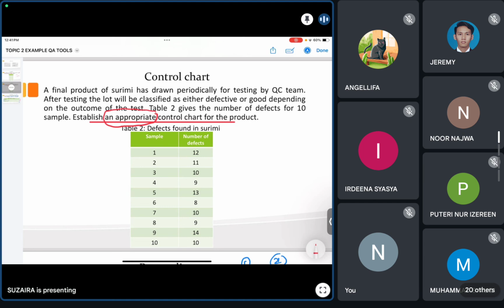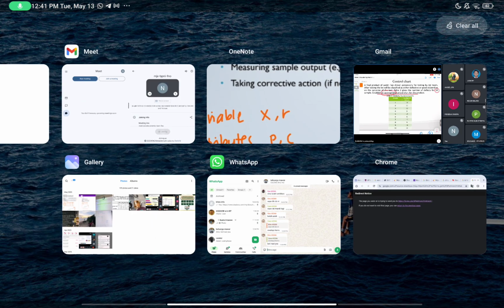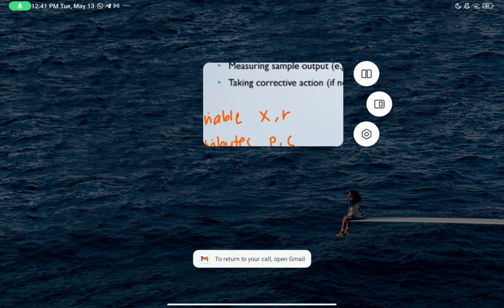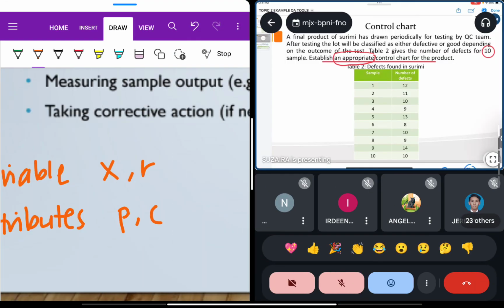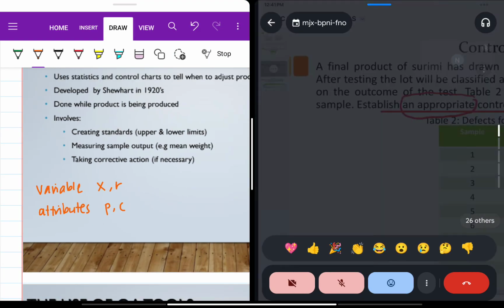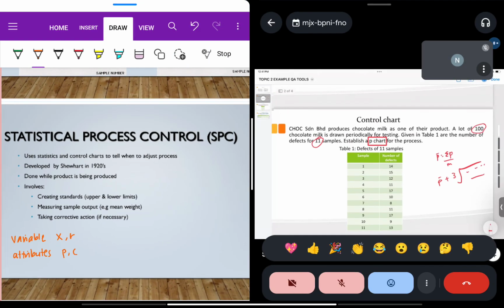So you just remember for C chart, it will just give you one value, 10. But for this one, take the picture, and then develop the C chart. This one just now, wait a moment.